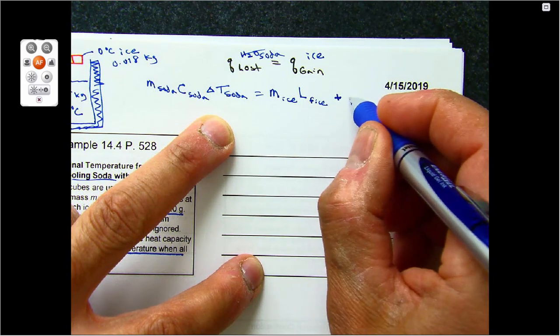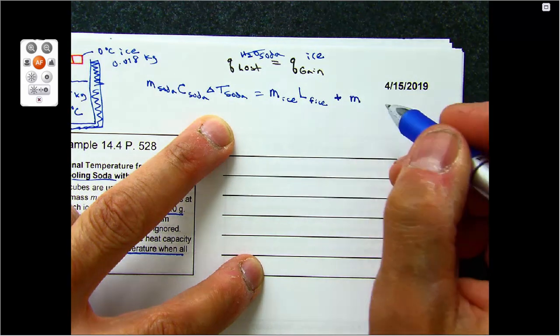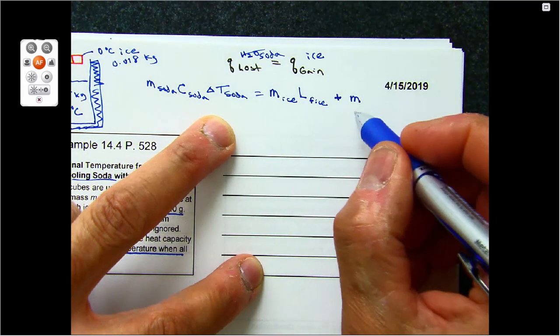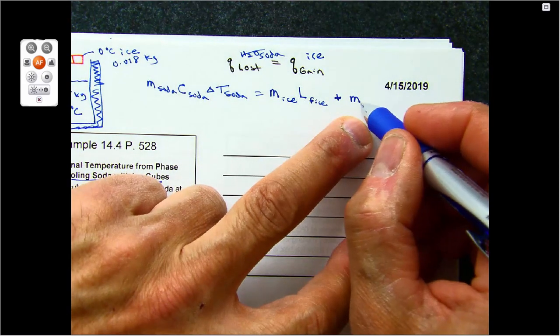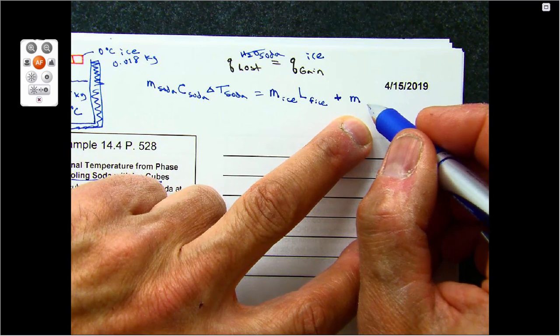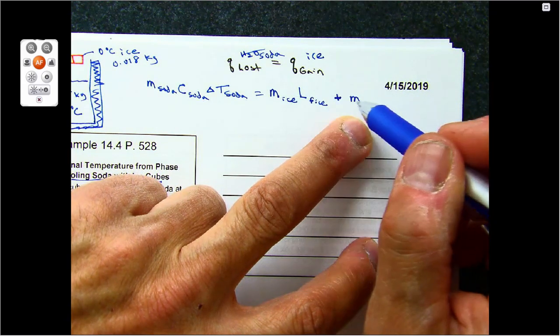How do we know how much is multiplied by the next step if we don't know the final temperature? At this point, once this ice melts, it's going to be liquid water at 0. Yes.